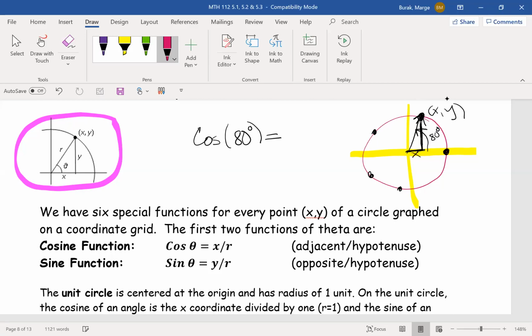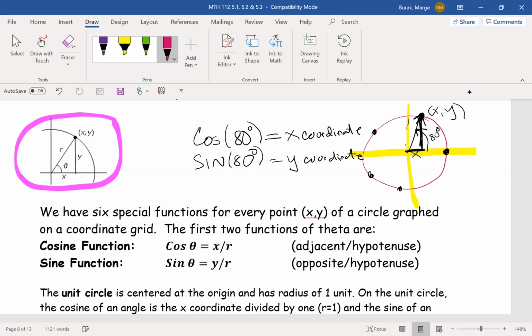So this is the x coordinate, the length from the y-axis, and this is the y coordinate, which is how high up on the y-axis. So the cosine is the x coordinate of however big that circle is, and the sine of 80 degrees, if you input 80 degrees, the output is the y coordinate.